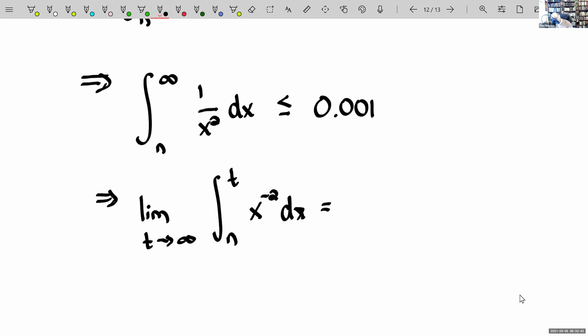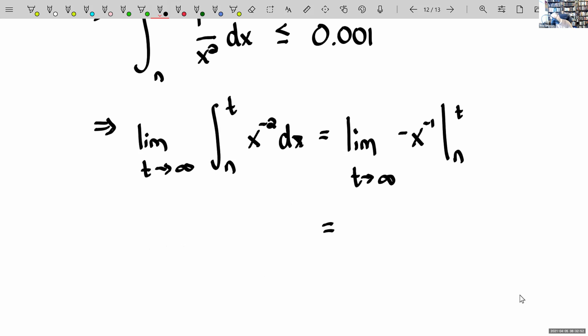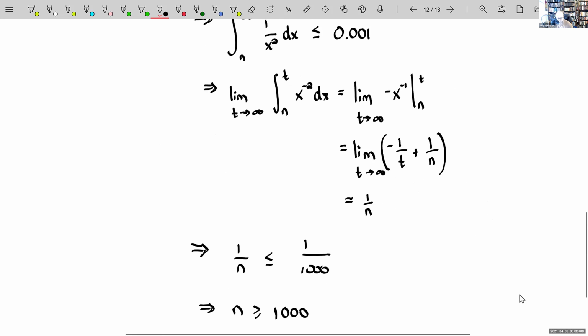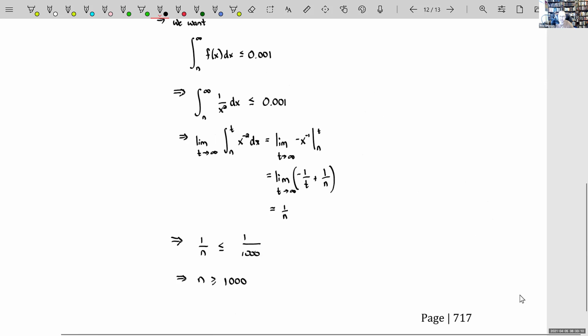And this is equal to the limit as t goes to infinity of negative x to the negative first from n to t, which is equal to the limit as t goes to infinity of a negative 1 over t plus 1 over n. And that would be, as t goes to infinity, a 1 over n. That's why that is that way.